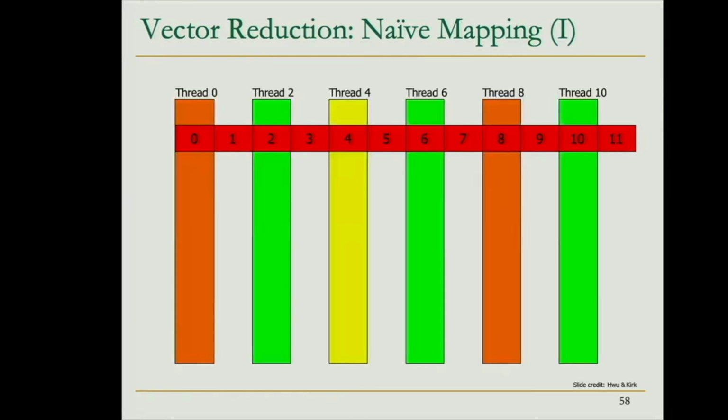Essentially, several steps, log n steps, n being the size of the array, and in each step, I have one thread adding up 2 elements. For example, in my naive mapping, I have thread 0 adding elements 0 and 1, thread 2 adding elements 2 and 3, thread 4 adding elements 4 and 5, and so on. This is naive, but it's the most straightforward way of doing it, right?